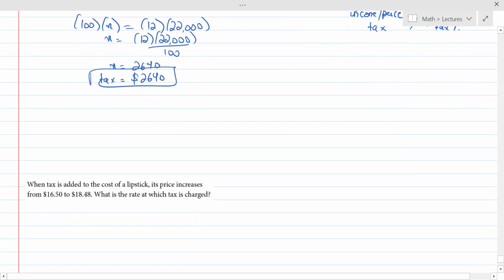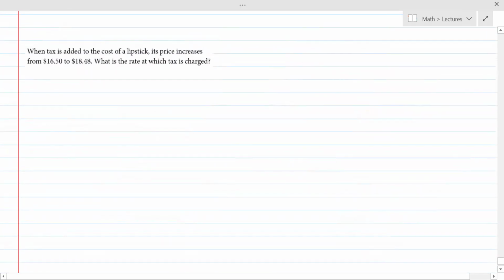Let's pick up another example. When tax is added to the cost of lipstick, its price increases from 16.5 to 18.48. First we need to understand what they represent.